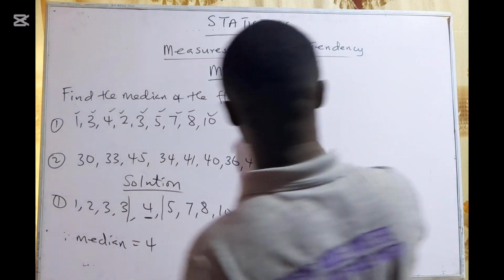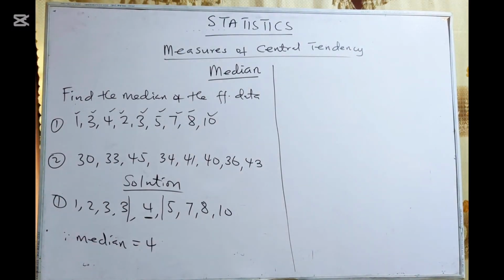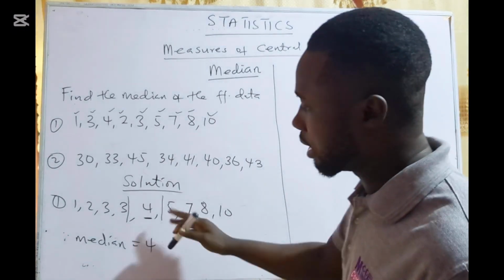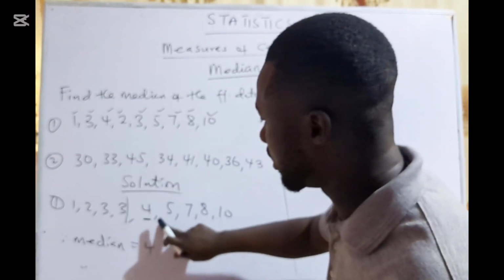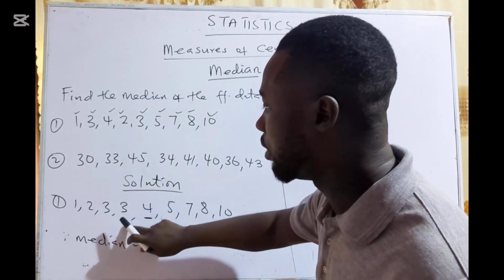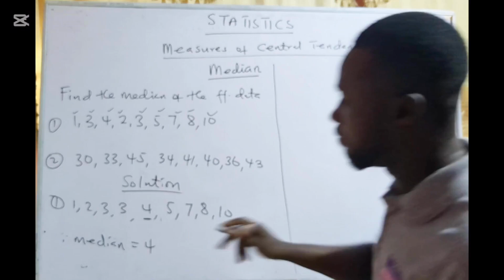With the same question, you can also go by the formula. We have a formula that we can use to find the median, and the formula will give you the position of the median value.